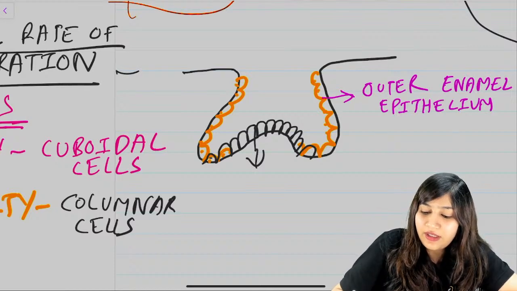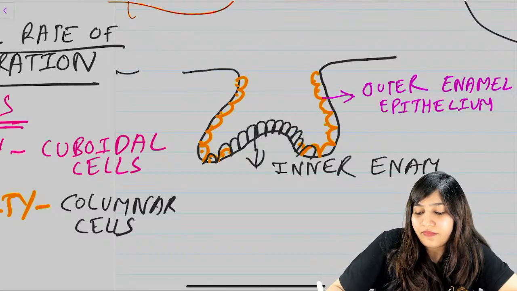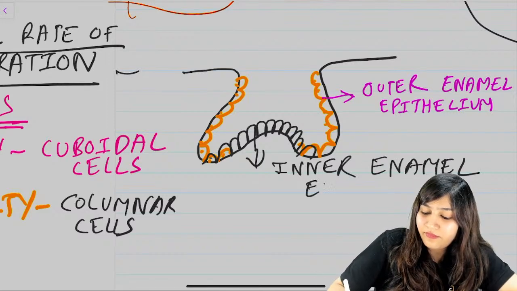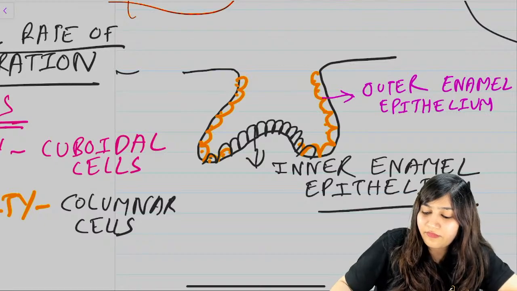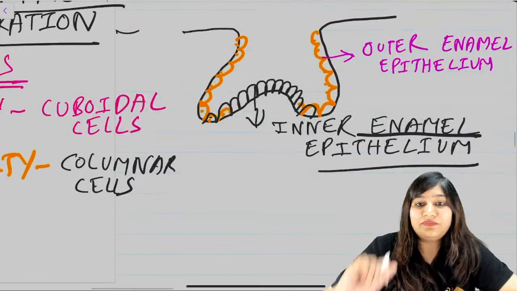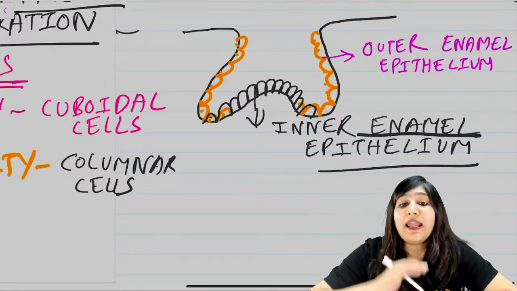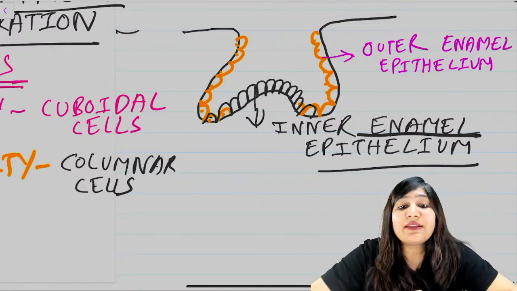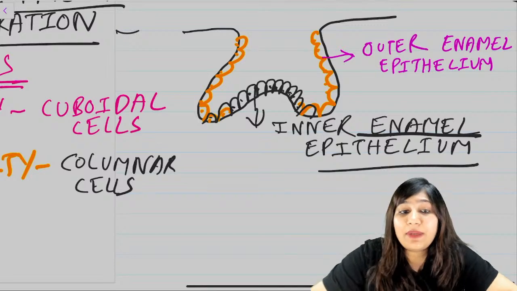This is our inner enamel epithelium. So cuboidal cells are present in the convexity of the cap and tall columnar cells are present in the concavity of the enamel organ. These are our inner enamel epithelial cells.